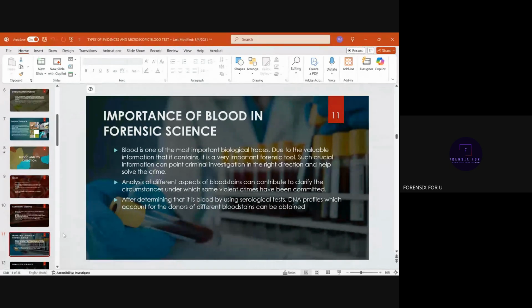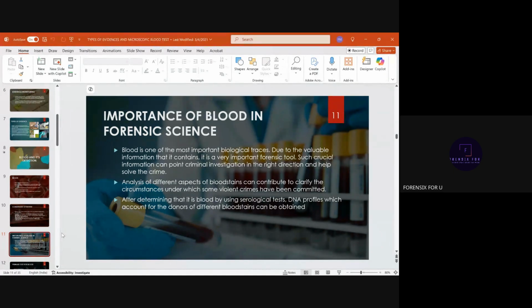So, analysis of different aspects of bloodstains can contribute to clarifying the circumstances under which some violent crimes have been committed. Like if you find a wall which has a pattern of blood, indicating that a very sharp knife was used to suddenly stab somebody with a very pointed part of the knife, and the blood gushed out of that person's place of impact and spattered on the wall, you will be able to identify the weapon of offense, the height of the offender, the approximate height of the person who has hit the person with the knife.